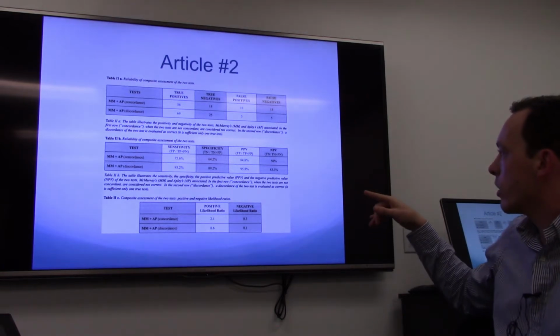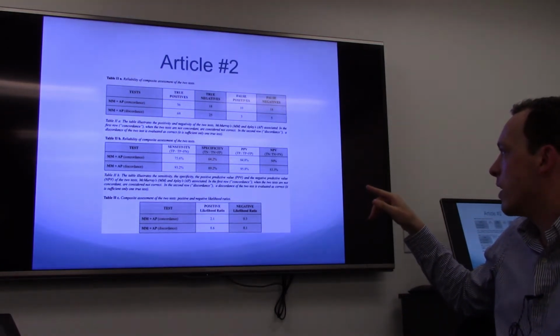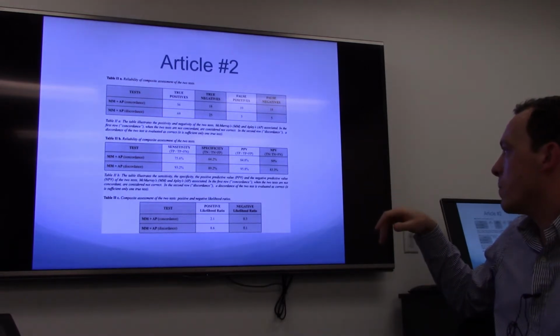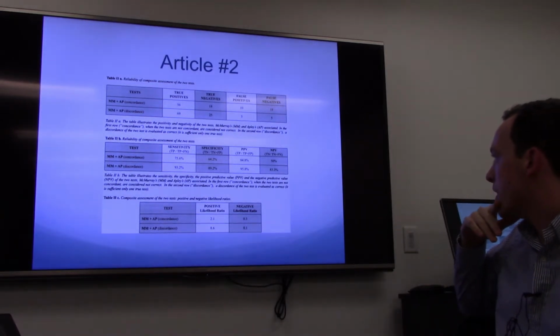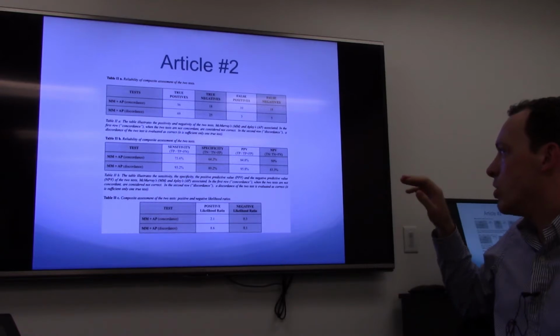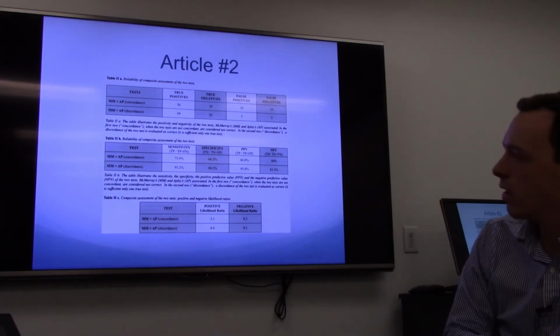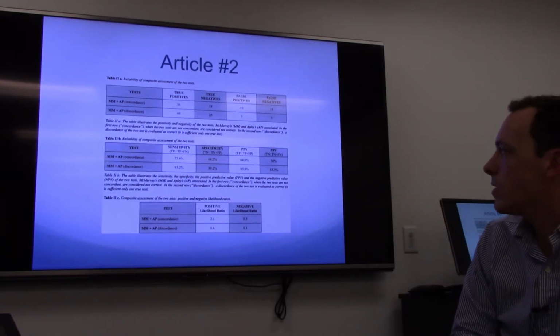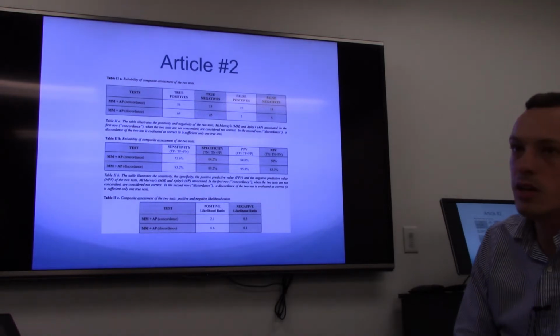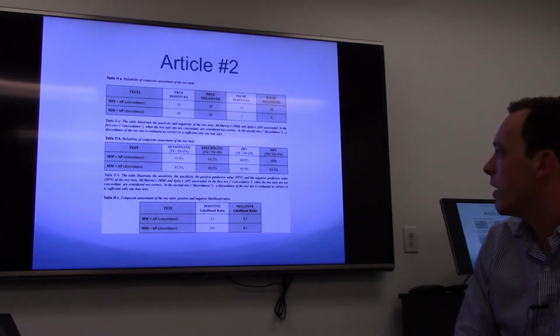And so if they were concordant, it gave you a lower sensitivity, 75%, and a lower specificity at 64%. But then if you use the "or" condition, so if either McMurray's or Apley's were positive, then the sensitivity was higher. But surprisingly, also the specificity was higher as well, which kind of surprised me.